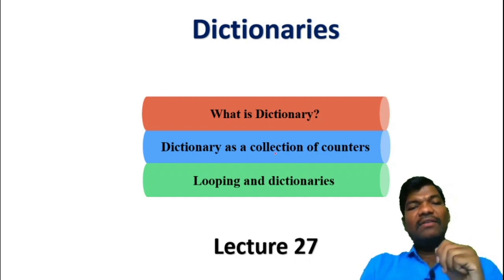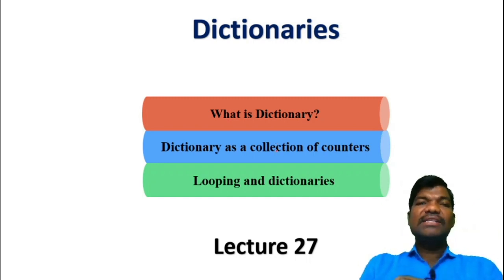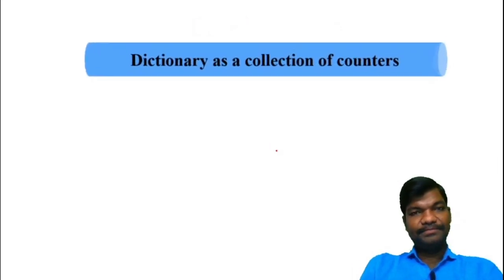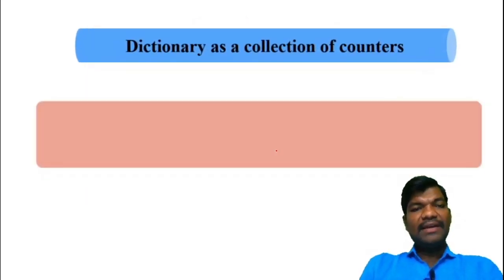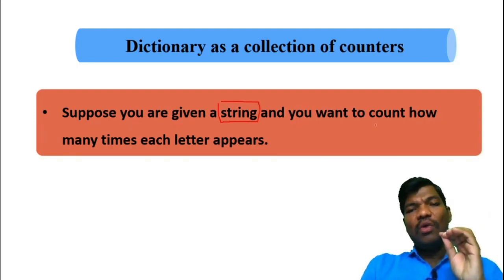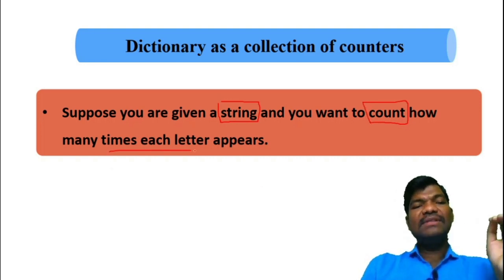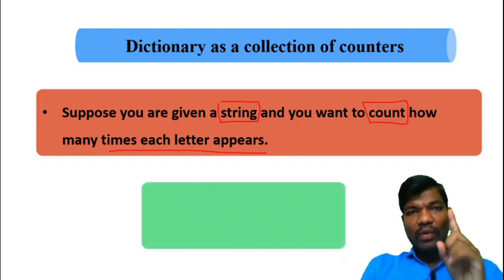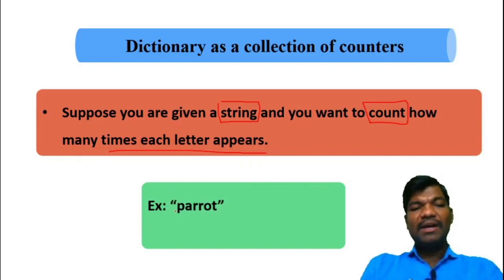Now coming to the second one, dictionary as a collection of counters. So here consider one string, and you want to count how many times each letter appears. So take one example: parrot.